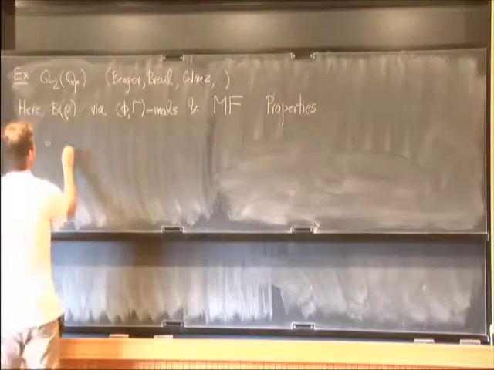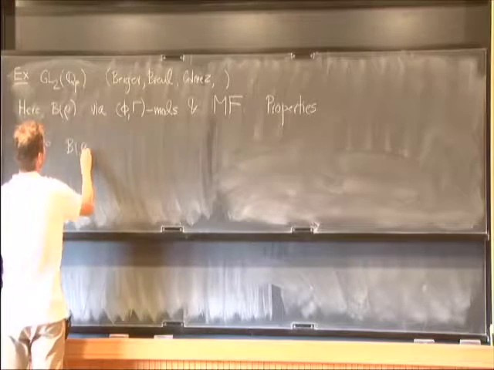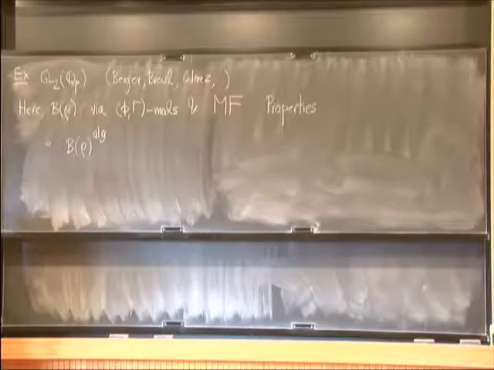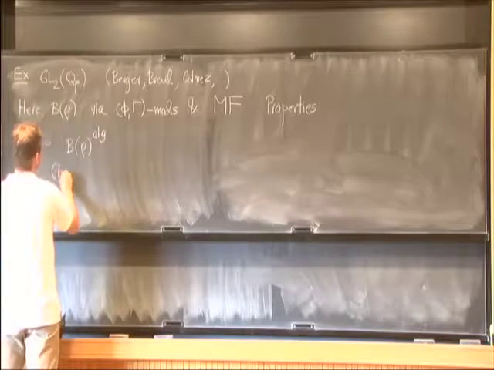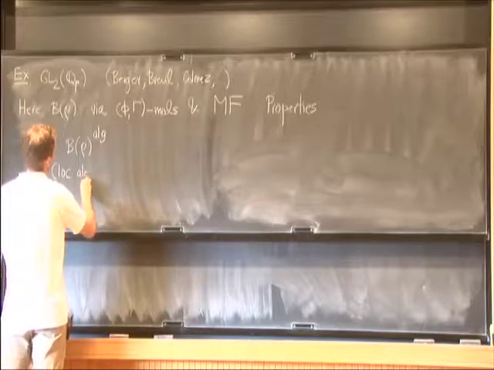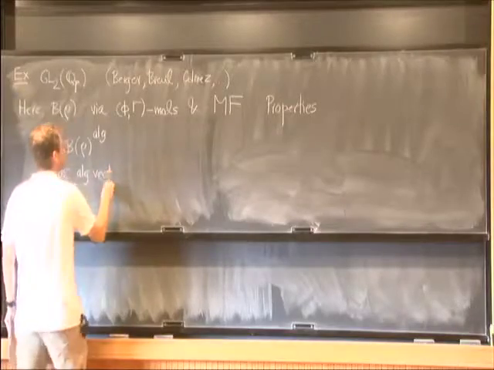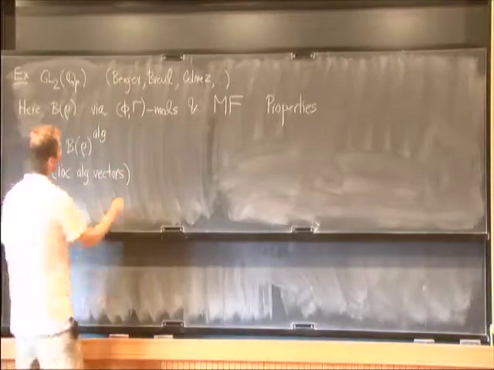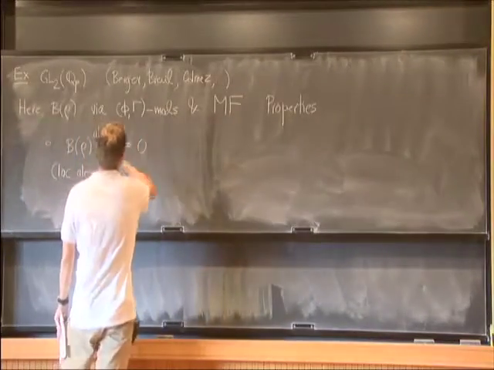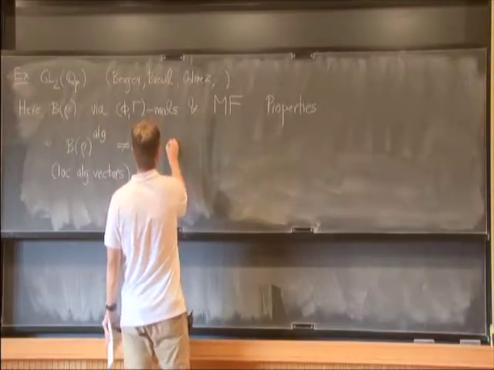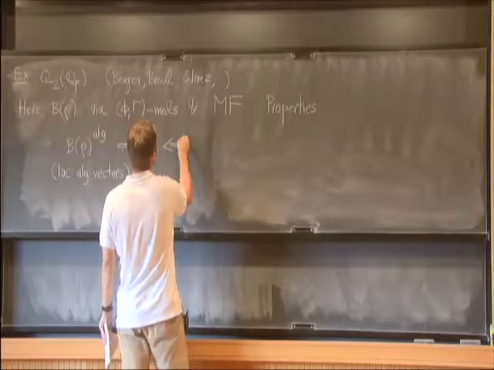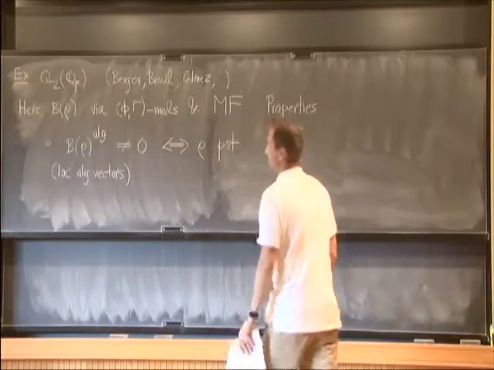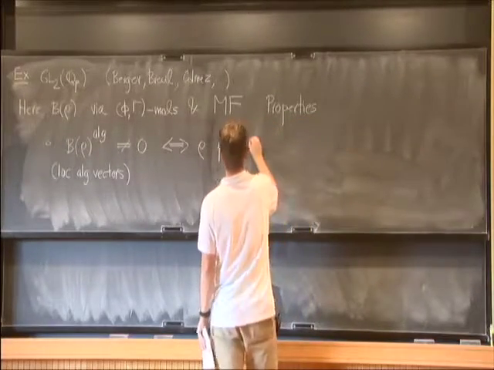But the first thing is that if you look at B of rho and look at the locally algebraic vectors, then this is non-zero precisely when rho is potentially semi-stable and it has distinct Hodge-Tate weights.